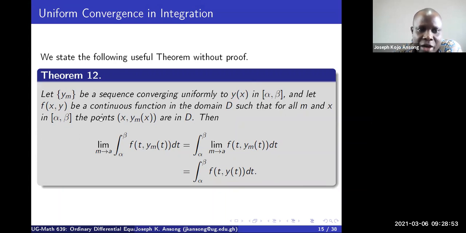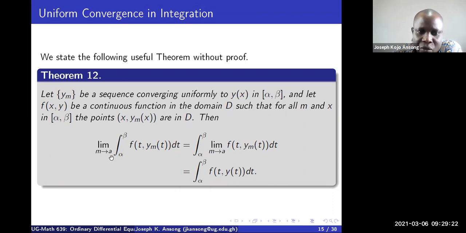and let the function f of x, y be a continuous function in the domain D, such that for all m, and x in this interval, these points are in D. Okay, so x is in this interval, and these are in the domain D. Then this holds.